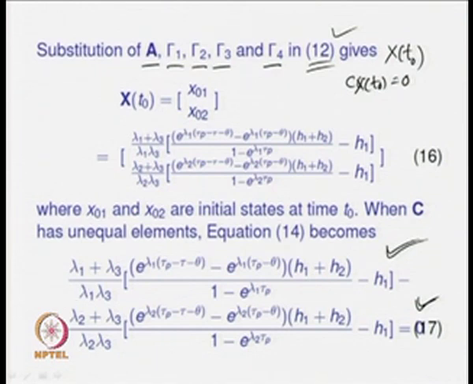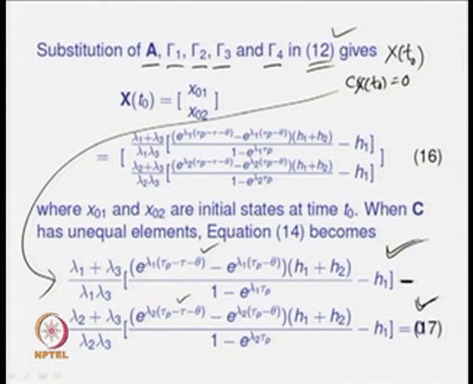Finally, when you substitute C x(t0) equal to 0, we obtain (lambda 1 plus lambda 3) upon lambda 1 lambda 3 times (e to the power lambda 1 (tau p minus tau minus theta) minus e to the power lambda 1 (tau p minus theta)) times (h1 plus h2) divided by (1 minus e to the power lambda 1 tau p) minus h1, minus (lambda 2 plus lambda 3) upon lambda 2 lambda 3 times (e to the power lambda 2 (tau p minus tau minus theta) minus e to the power lambda 2 (tau p minus theta)) times (h1 plus h2) upon (1 minus e to the power lambda 2 tau p) minus h1, is equal to 0.